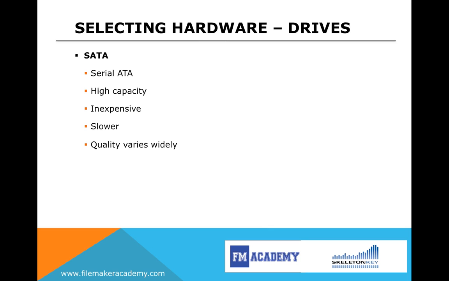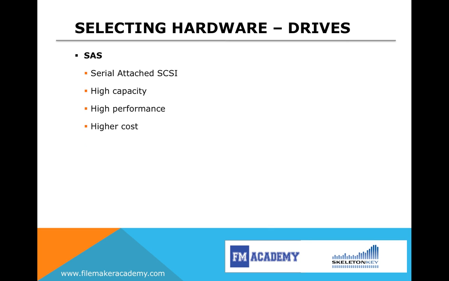There are certainly higher end SATA drives, but if you do include SATA drives in your server, make sure that they are of a higher quality. Next we have SAS, or serial attached SCSI. These tend to be also high capacity drives, but in addition they're very high performance most times.